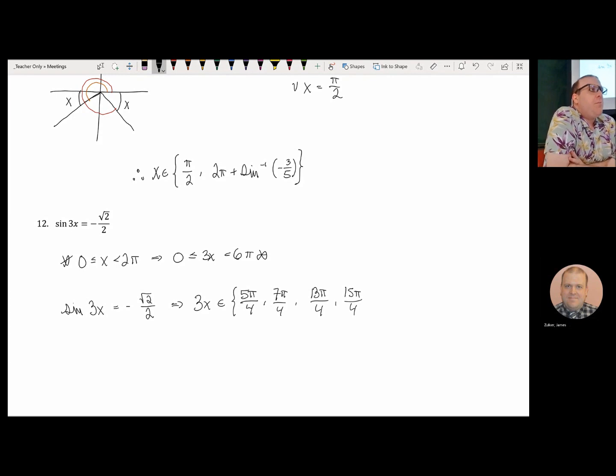That's now between 0 and 4 pi. Now add 2 pi to the two newest ones. There's your full solution set for 3x.